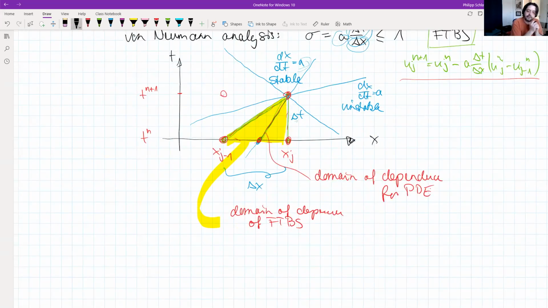Now, this consideration gives you the basic idea of the CFL condition.